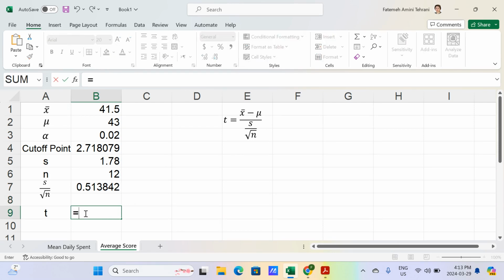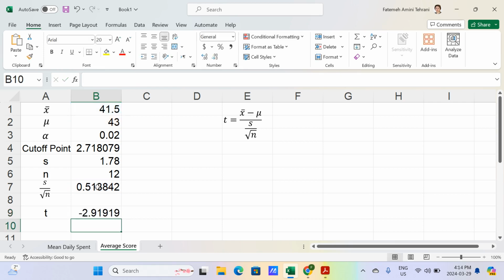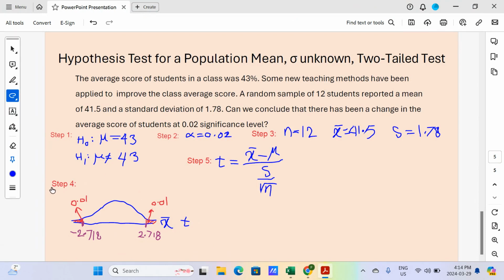So x bar is 41.5 minus mu 43, divided by s over square root of n. Look at the t-value. It's almost minus 2.92. Minus 2.92 is in the left tail.